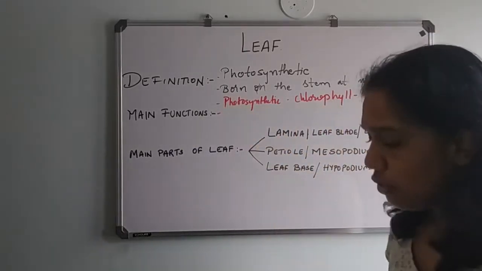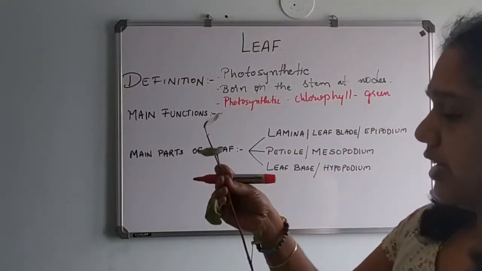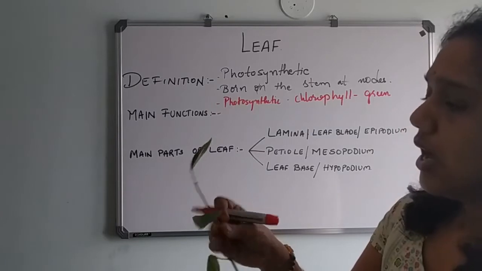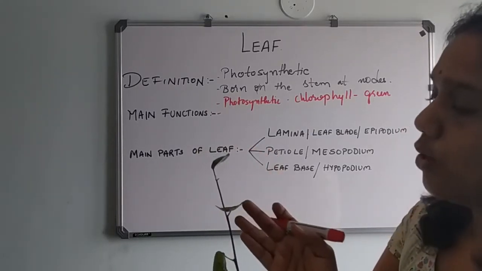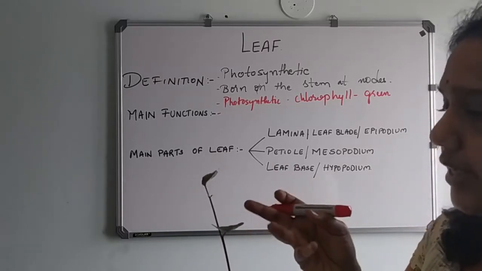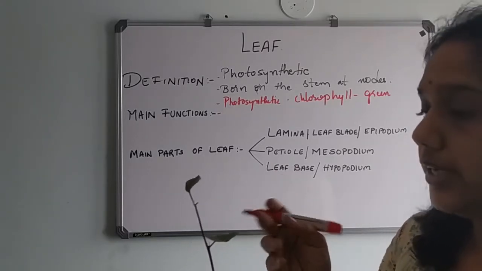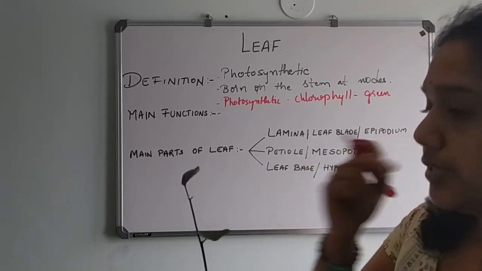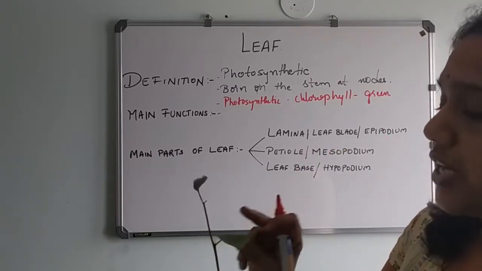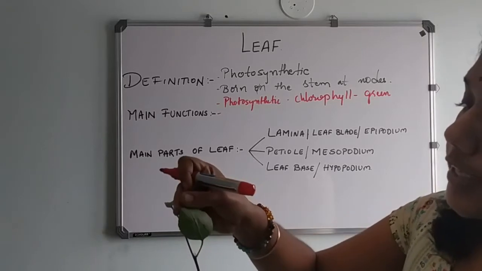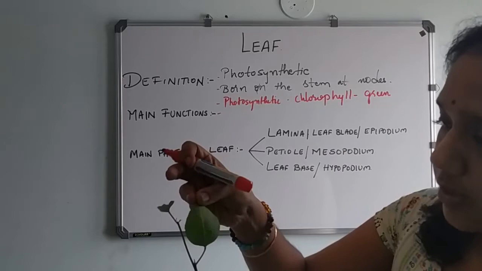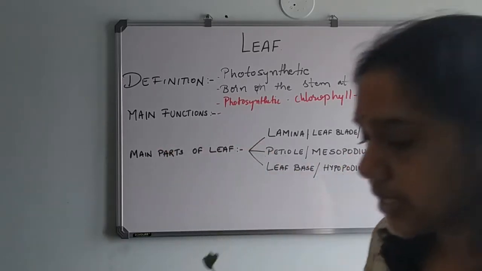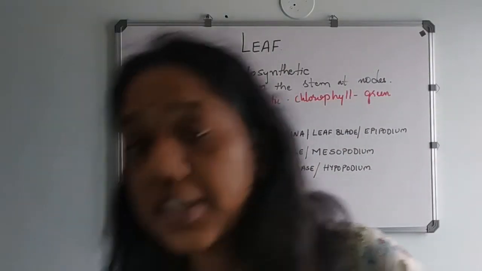Then if you have observed any leaf, for example here I have one leaf, you see there are two sides, the upper side and the lower side. I'll come to it a little later, what exactly we call them. So on the underside of this particular leaf, that is the abaxial side, we can see some specialized structures under the microscope.